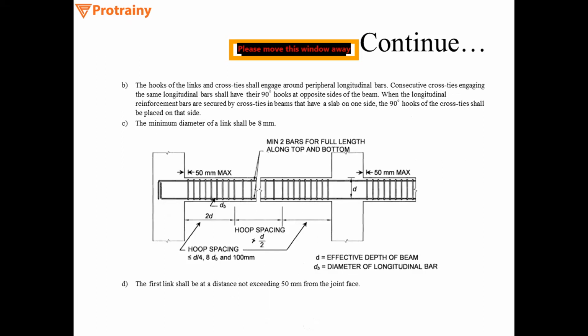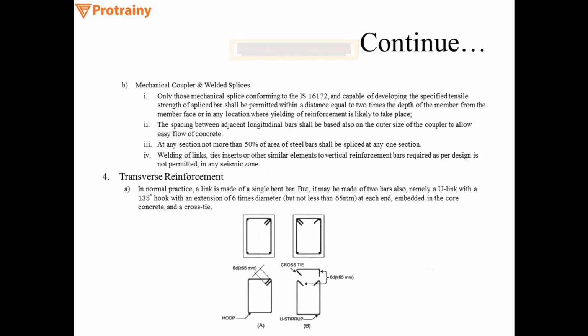Coming to another point, the hooks of links and cross ties shall engage around the peripheral longitudinal bar, as you can see in the diagram.